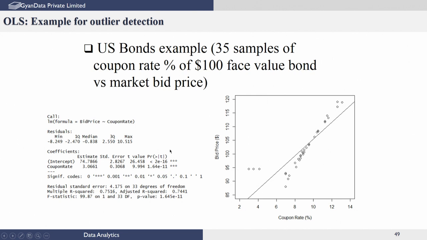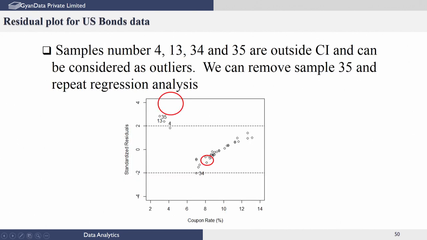Now, let us go ahead and do the residual analysis for this. We perform a standardized residual plot, and we find that except for these 4 points, sample number 35, sample number 13, sample number 34, seem to be outside of the ±2 confidence interval, and you may conclude that these are outliers, while the others are within the bound and are definitely not outliers.